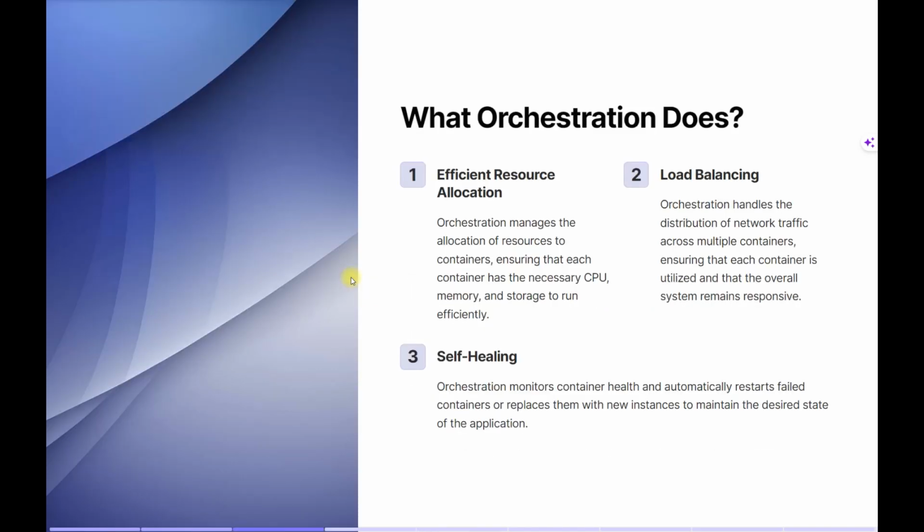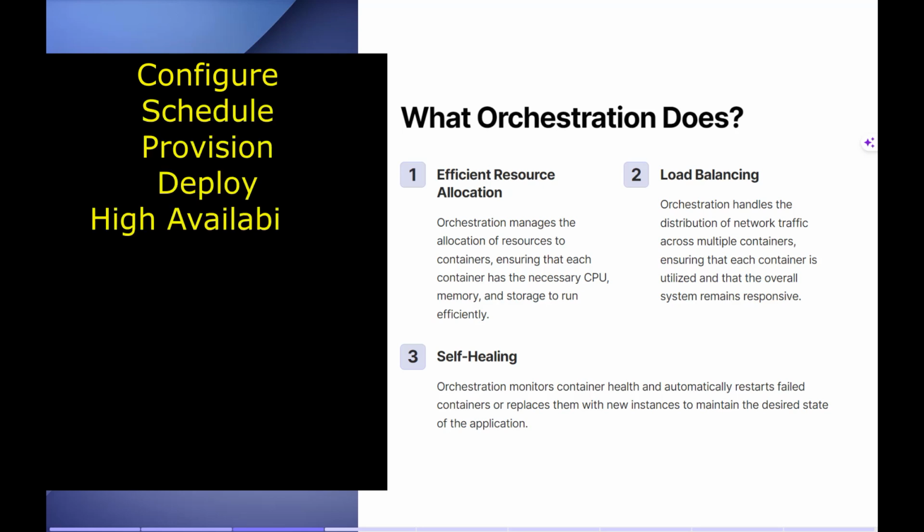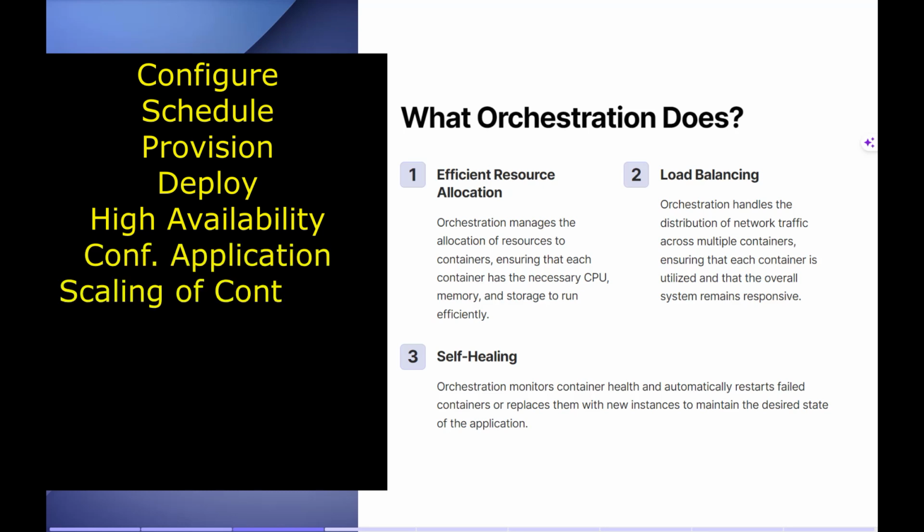Now the next thing is what orchestration actually does. It does efficient resource allocation, load balancing, and self-healing. These are a few features that orchestration does. But in actual, it can configure and schedule your containers. It can provision and deploy your containers. It can provide high availability of your containers. It configures the application that runs in a container.